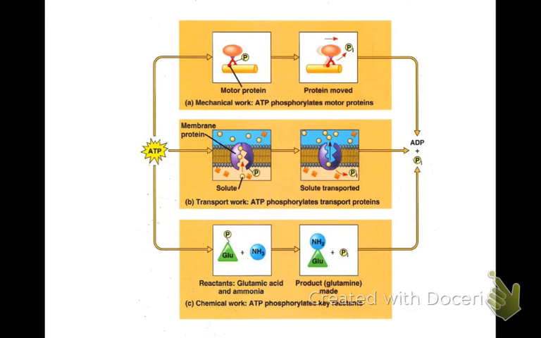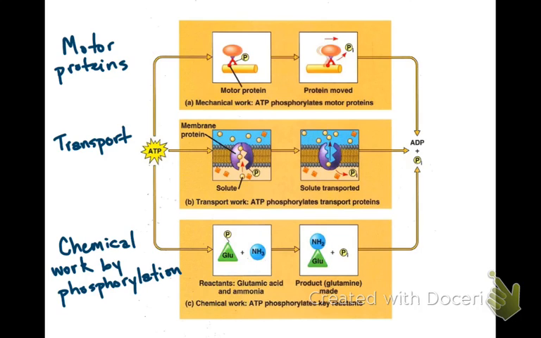ATP will carry the energy from an exergonic or catabolic reaction to an endergonic or anabolic reaction. That could be like the motor proteins here, or the sodium-potassium pumps, or the phosphorylation going on within enzymes.